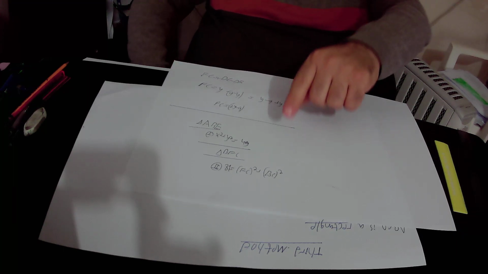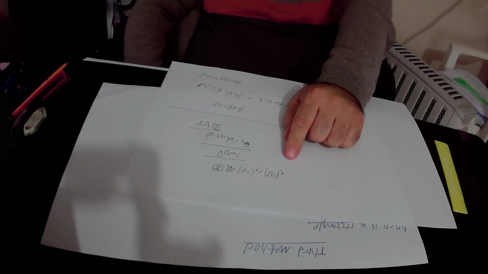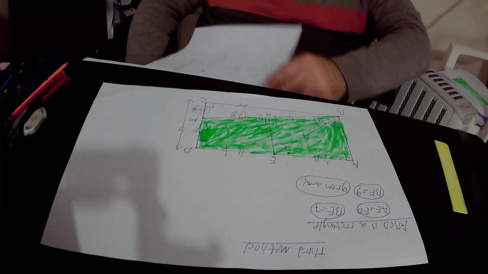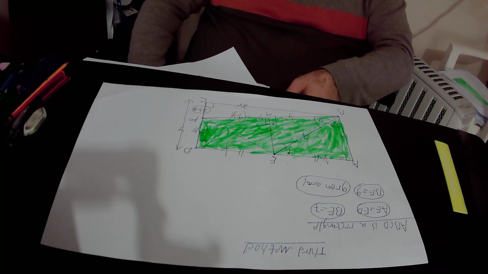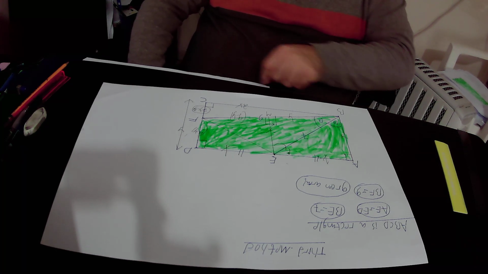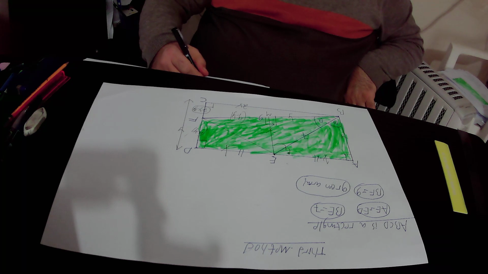In the right triangle BFC, according to the Pythagoras theorem, 81 equals FC squared plus BC squared. FC equals 2y minus 9, so FC squared will be equal to (2y minus 9) squared.